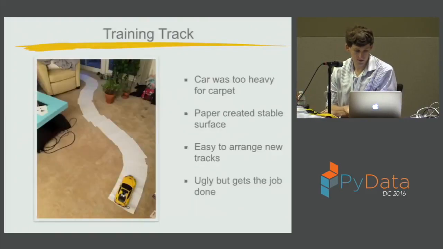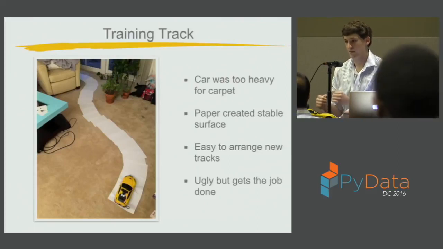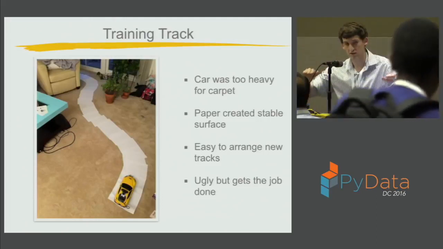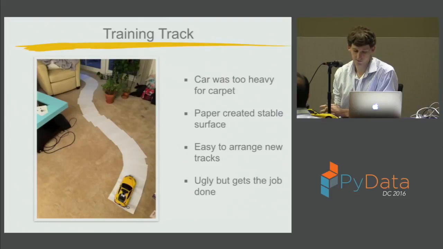All right, so here's my training track. I used paper. My car's motor is really weak, so weak that I can't run on the carpet. It barely moves with paper on a carpet. In a lot of other examples, people use the paper as the boundaries of the road, and as long as you stay within the boundaries, that's good enough for them.